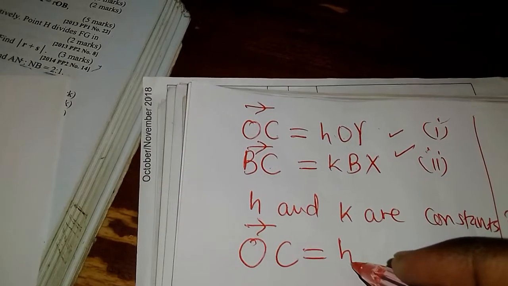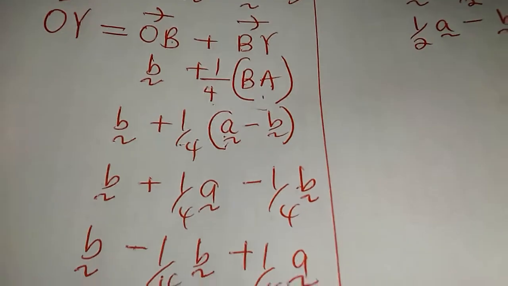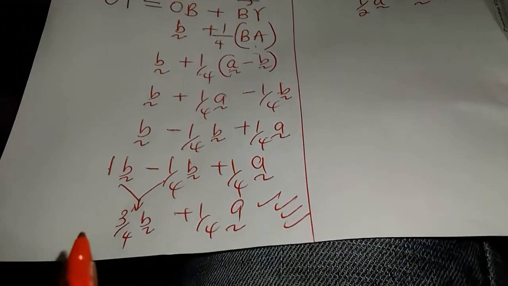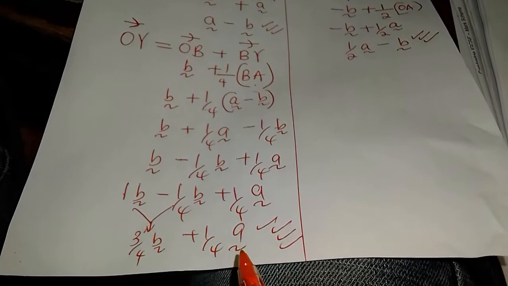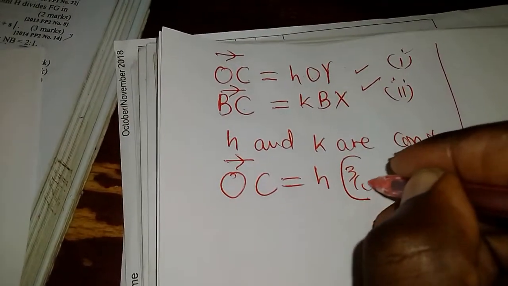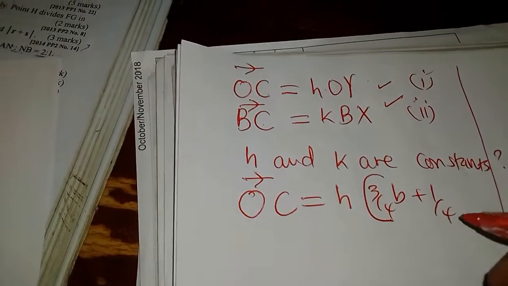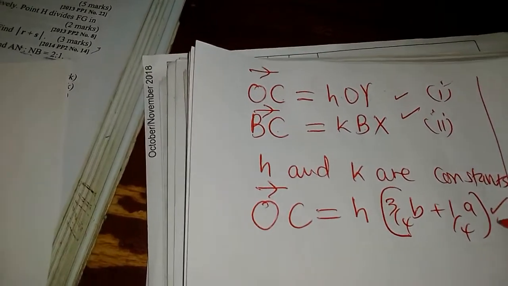H is a constant, so you don't bother so much about it. Then into bracket OY. What is OY? We got our OY here. It was 3 over 4b plus a quarter a. That's the first OC.